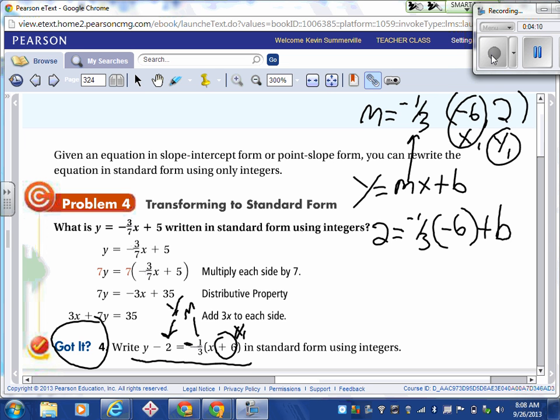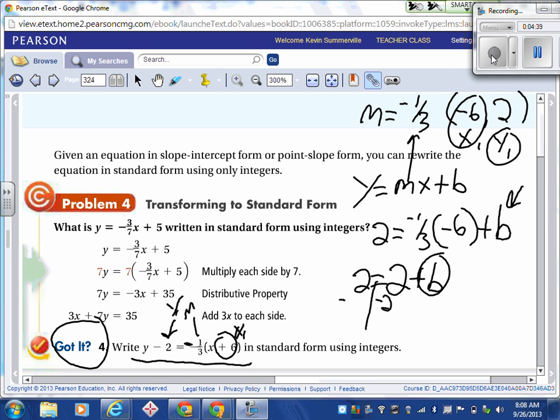That's something we did last week. So now I just go ahead and solve it to find out what b equals. So I have 2 equals negative 1/3 times negative 6. A negative and negative is going to be a positive, and 1/3 times 6 is going to be 2, plus b.